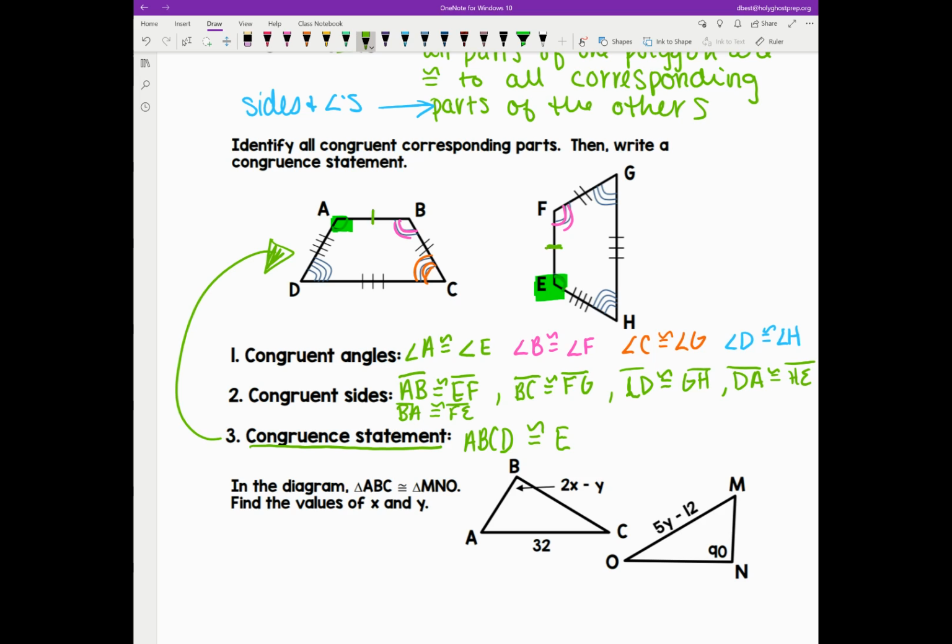So it would have to be EFGH. Order does matter in a congruent statement, because if I didn't give you the picture, you should be able to use the congruent statement to figure out which pieces match together. Even if you didn't have the figure, you would know angle A and angle E correspond with each other because of the order they're written in.